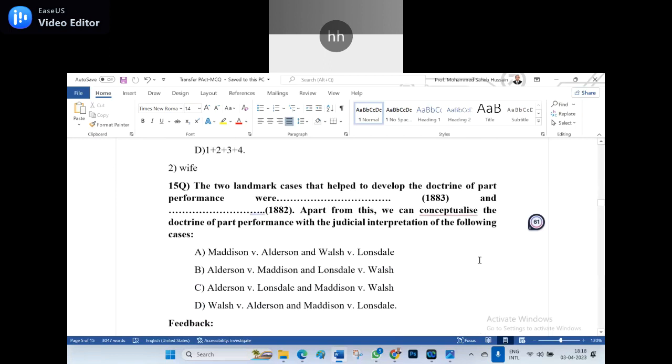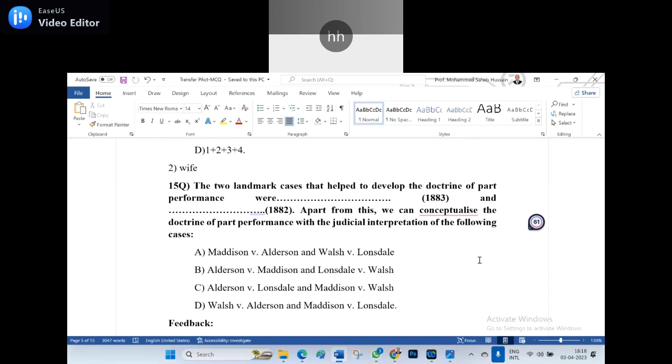Now, 15th question. The two landmark cases that helped to develop the doctrine of part performance were dash 1883 and dash 1882. Apart from this, we can conceptualize the doctrine of part performance with the judicial interpretation of the following cases.